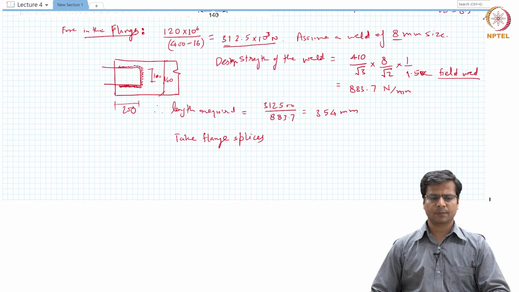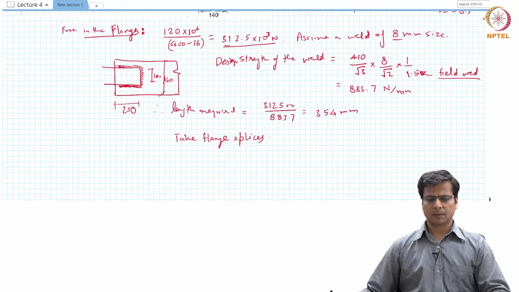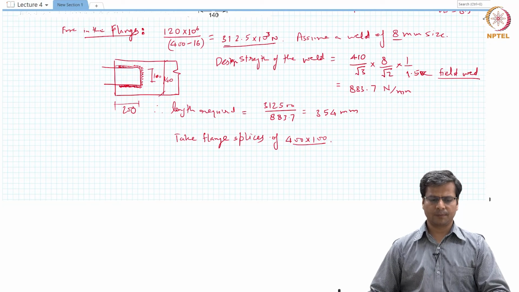So if we want to do welding, we have 200 plus 200 plus 100, total 500 millimeters almost available for our welding. So a plate of 400 by 100 millimeter size, but the thickness still needs to be decided.